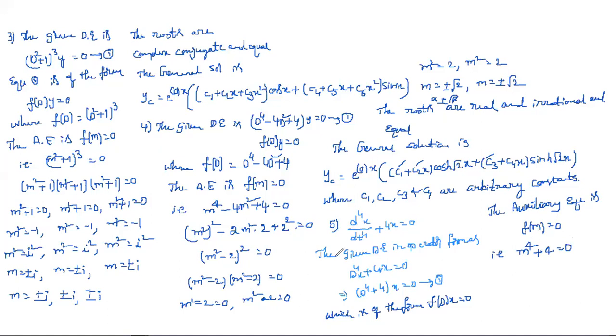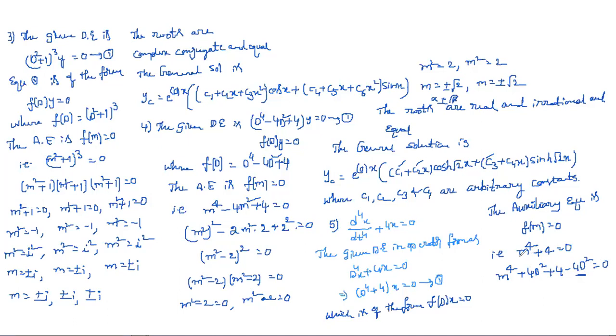If you want, you can go for the synthetic division method, or in other words, I am going to do this by adding one term and subtracting one term. So what I am doing here: m power 4 plus 4m square plus 4 minus 4m square is equal to 0. I added this term and subtracted this term.